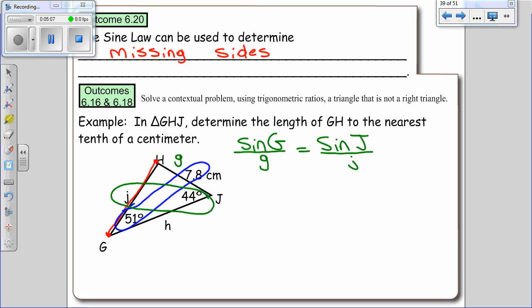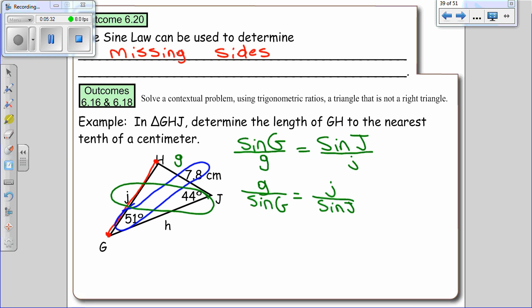In this case, we're looking for a side length. So we actually want to flip these things, and instead we want to use G divided by sine G equals J divided by sine J. We want to use this one because since we're looking for a side length, we want a side length on the top.